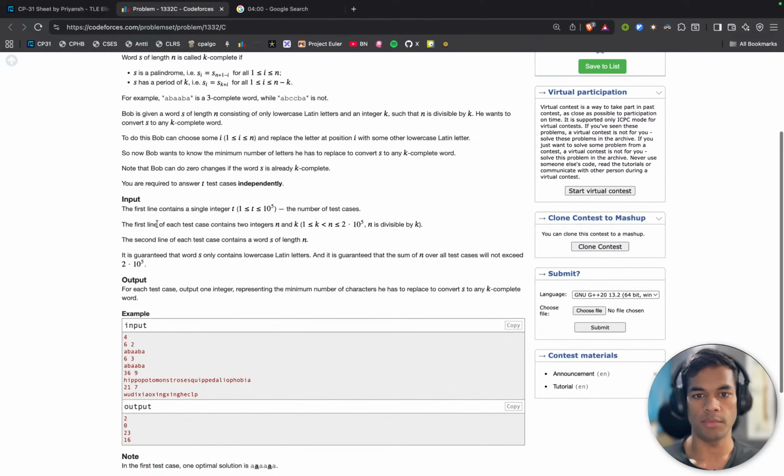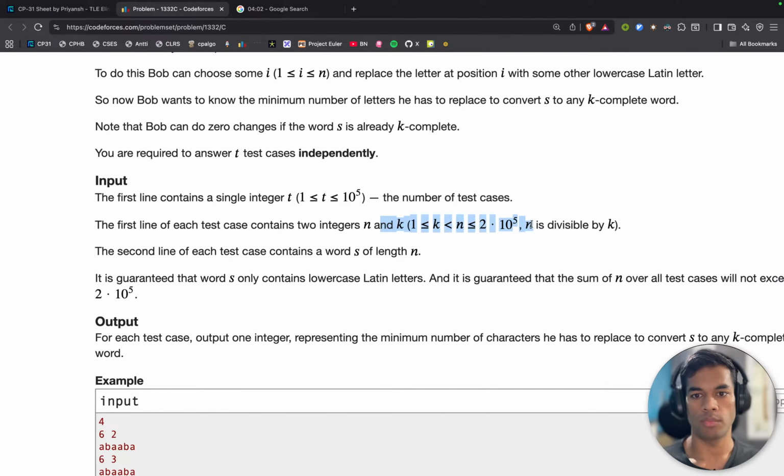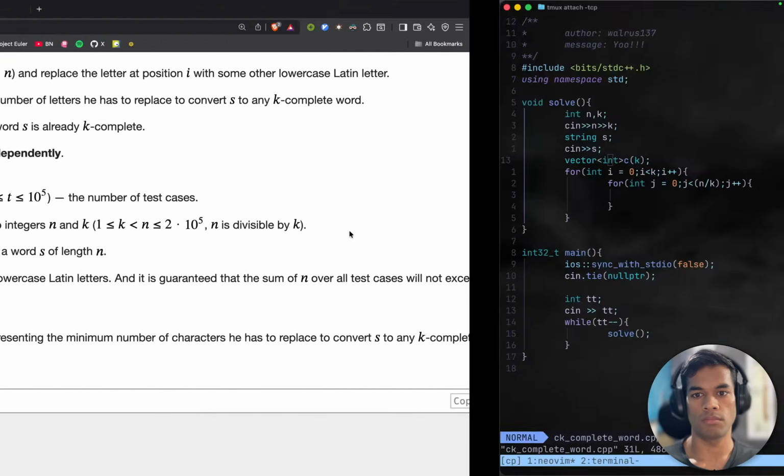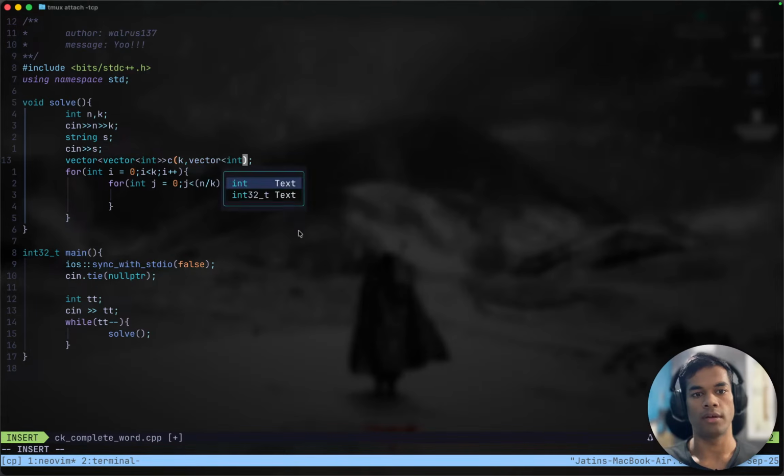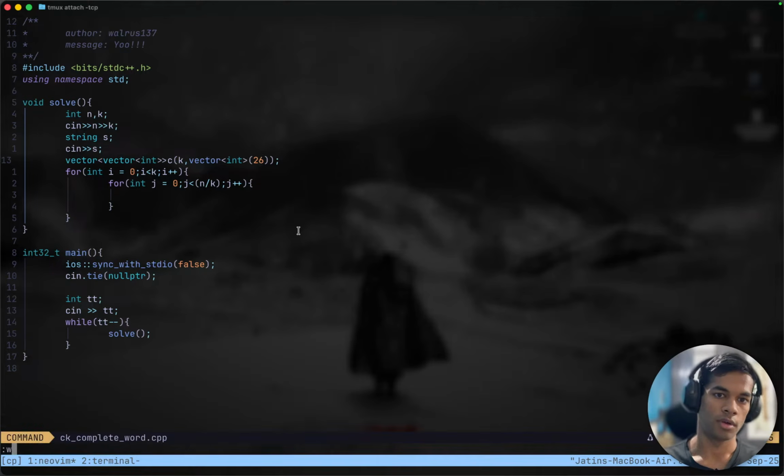K can be at maximum 2 power 5. So I guess I would like this to be a vector of vectors of integers, and the size of that internal vector is going to be 26, because we have 26 characters in English.